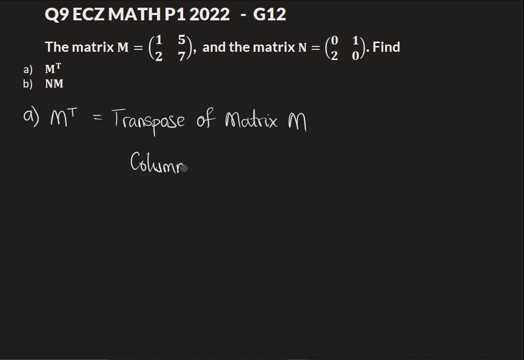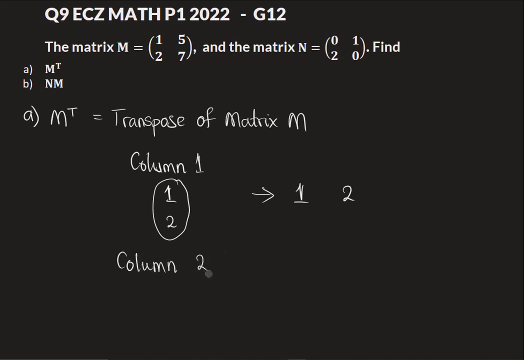Column 1 is this one here. It's 1, 2. This is column 1. So we're going to make column 1 row 1. For it to become a row, it needs to be in this direction. We need to write the elements of that column in this direction. And then we'll do the same for column 2.